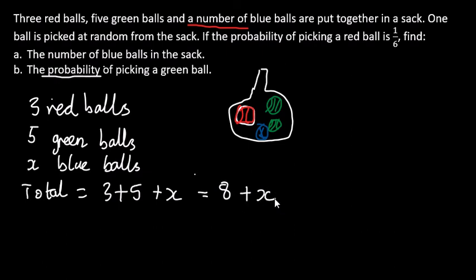You don't say 8x, because 8 is a number and x is a variable, an alphabet. Numbers and alphabets are not the same, so we cannot add them together. That's why we have 8 plus x.